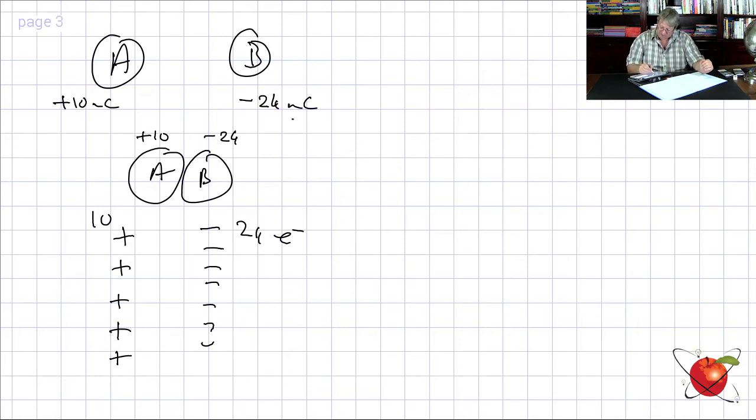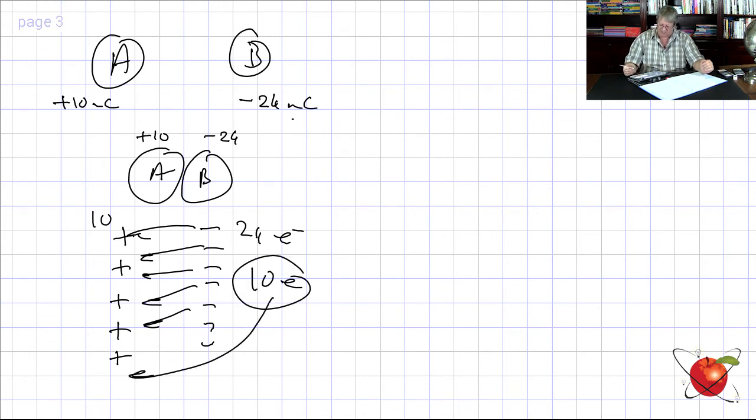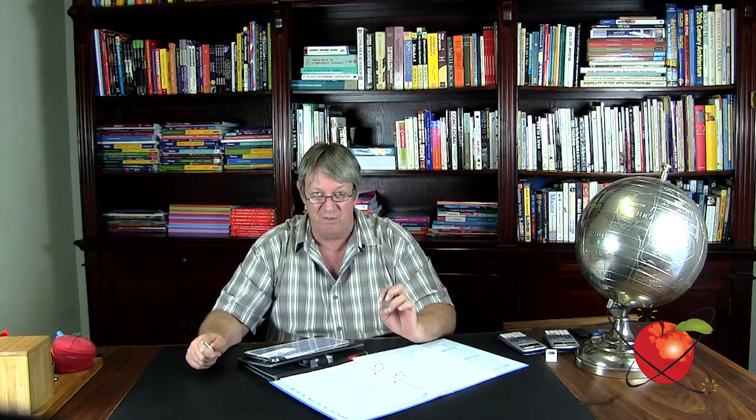So what happens is that all of these electrons go back home, don't they? So 10 electrons flow that way, across there, which cancel out those 10 positives. Because if you've got 10 pluses and 10 minuses, you end up with 0. So 10 electrons go and cancel out 10 positives, 10 protons.